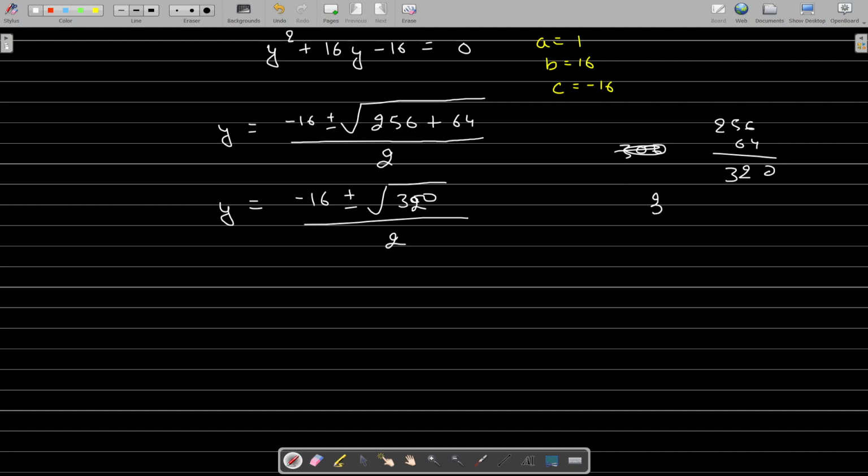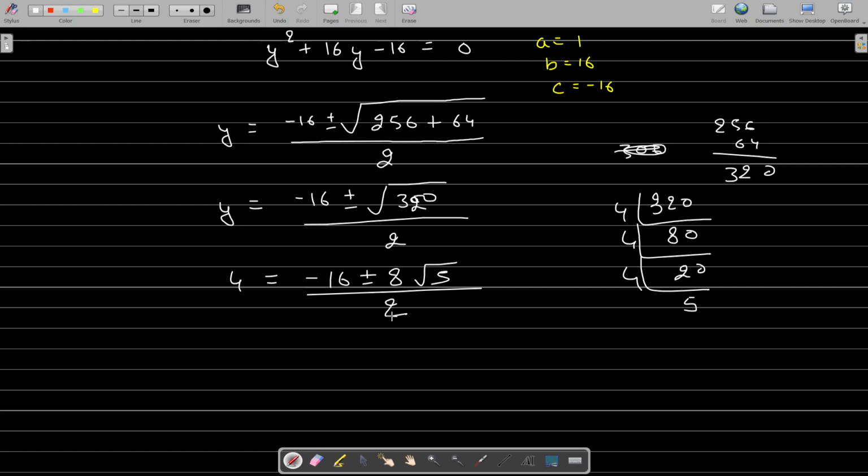So if I factorize 320, I can divide this by 4, I'll get 80. Again, divide this by 4, I'll get 20, divided by 4 leaves me with 5. So I have 4 into 4 into 4, and I can take it outside the under root sign, get 8. And then I'm left with 5 inside the root sign divided by 2.